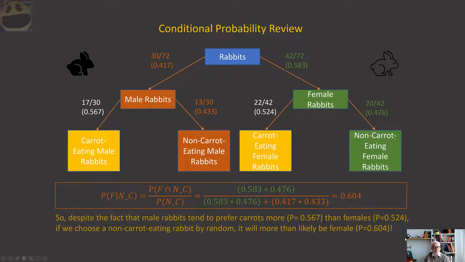So despite the fact that male rabbits tend to prefer carrots more than females, if we choose a non-carrot eating rabbit at random, it will more than likely be female, which seems counterintuitive when you look at the numbers the first time round. And it's this counterintuitive result which is at the heart of what we call Bayes' theorem, where we have to take into account what's happening in the background as well as the probabilities that we're looking at in the foreground.